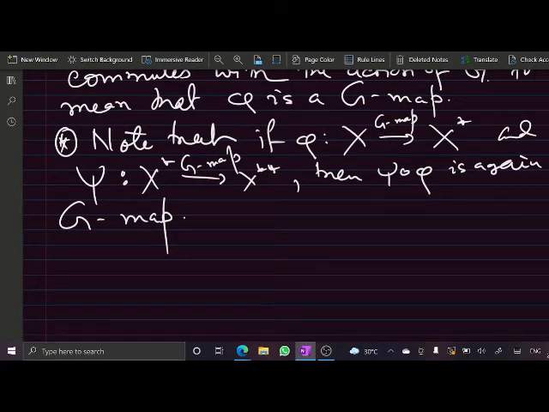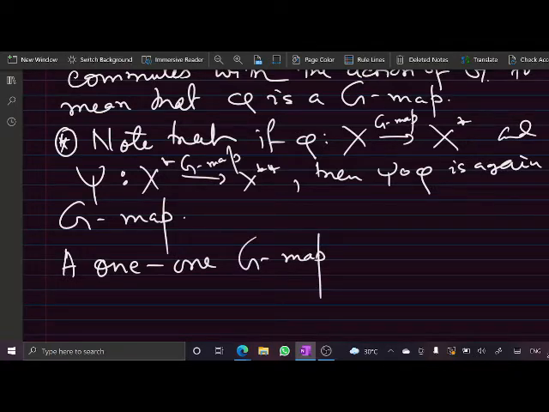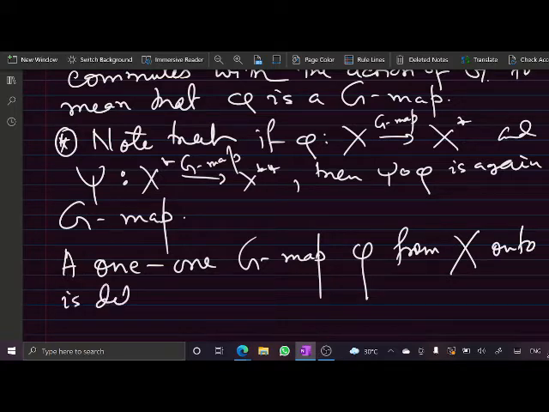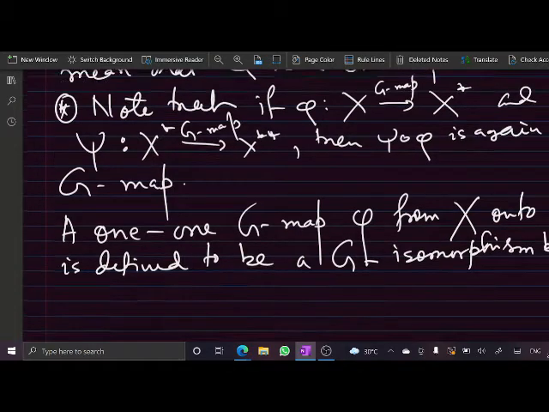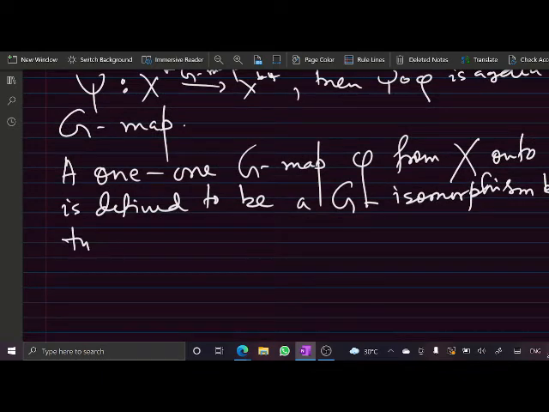Now a 1-1 G map phi from X onto X star is defined to be a G isomorphism between two G sets X and X star.